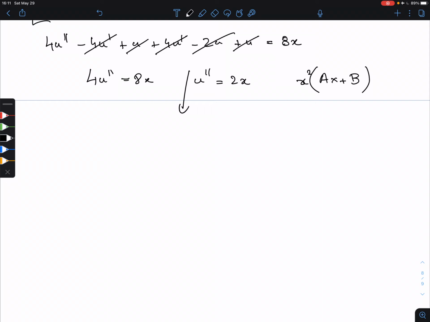So what we get is, it's not really a differential equation. It's something that you did in Calc 2, in Calc 1 even. So u double prime is equal to 2x, and u prime is equal to x squared, right? And then u would be x cubed over 3. And again, I don't need to take constants because I'm looking for a particular solution. So again, constants are not necessary. And this is exactly of this form, right?